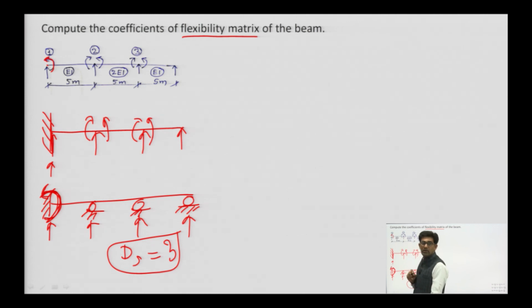Another redundant is the moment at this joint, denoted by 2, and this other moment has been taken as redundant number 3.